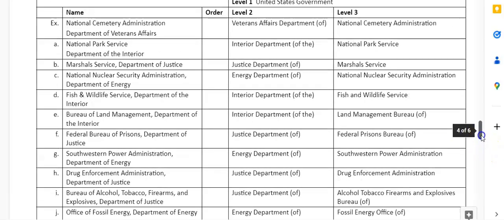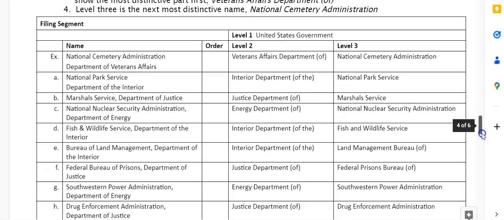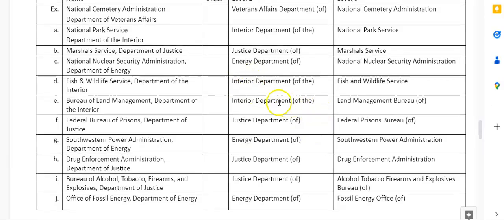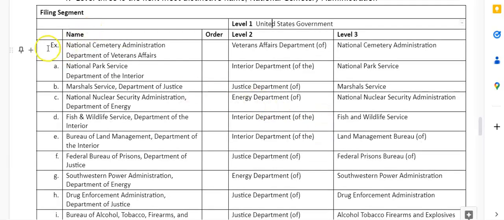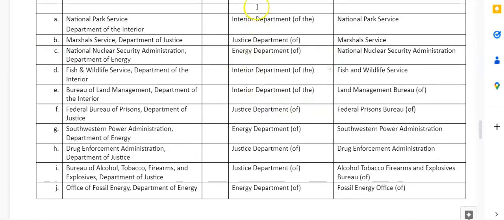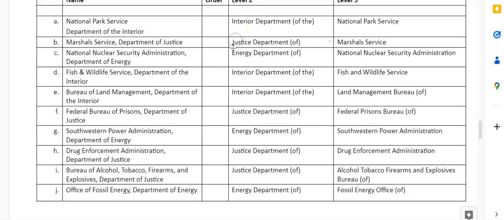Okay, so if we were to put all of these in order, the first level would be United States Government for all of them. So that means we'd have to look at level 2. I'm going to disregard the example, just because that's an example, and look at the first letter in each level 2.